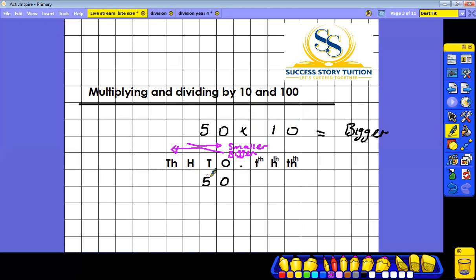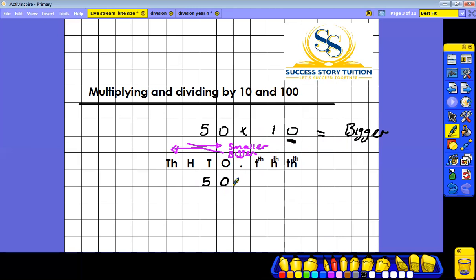Okay, so we've got our number, we're multiplying 50. I know that if I multiply 50 by 10, my answer is going to get bigger. So that means I'll be going towards the left. I'm going this direction. But we're multiplying by 10. And when you look at 10, 10 has got just one placeholder in it. 10 has got a 1 and a 0 in it.